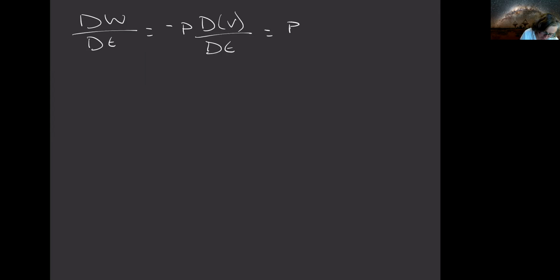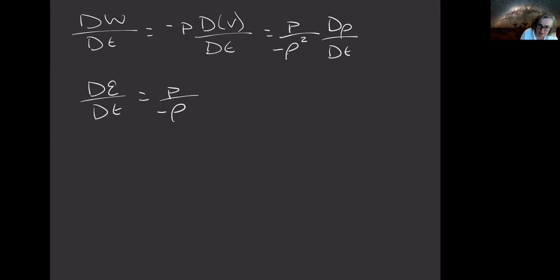And that's equal to pressure over the density squared, change in density over change in time. And we can also say that the change in energy with respect to time is just the pressure over the density squared, d rho dt, minus some q dot, which I'm going to call q dot cool.